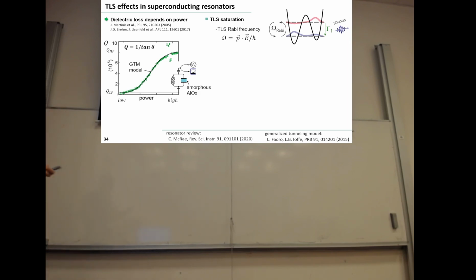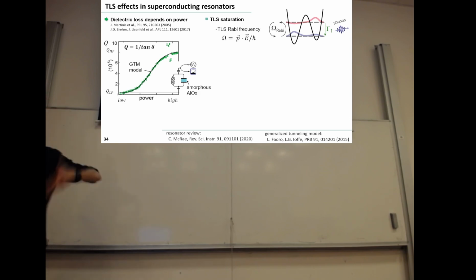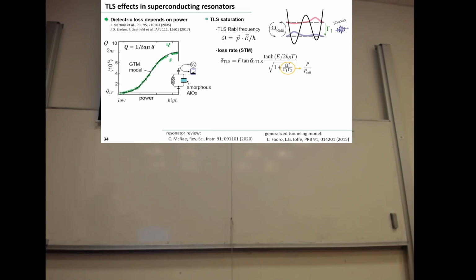And this means that if you drive harder, you will actually have a very fast Rabi oscillation. And at some point, this Rabi oscillation will be faster than this decay rate here. And if this occurs, then this decay rate doesn't really matter anymore compared to this fast excitation. So you have basically generated a saturated TLS. So basically the TLS is like 50-50, both excited and in the ground state.